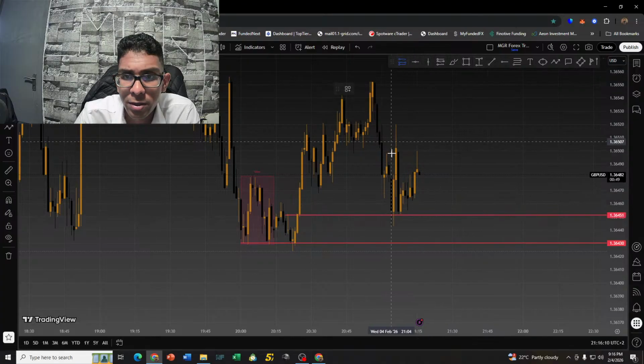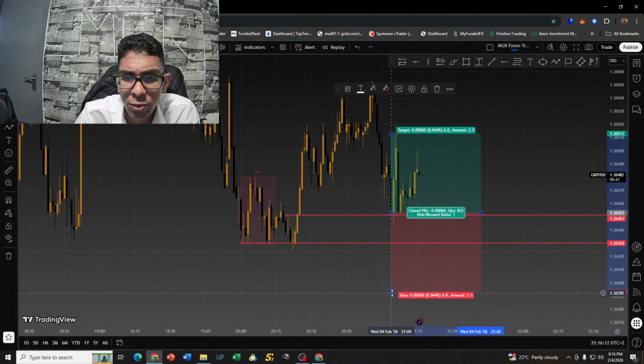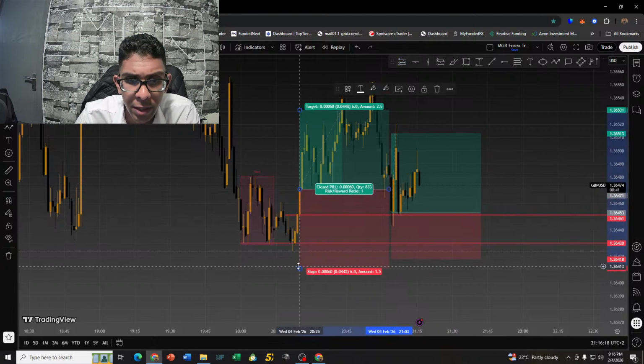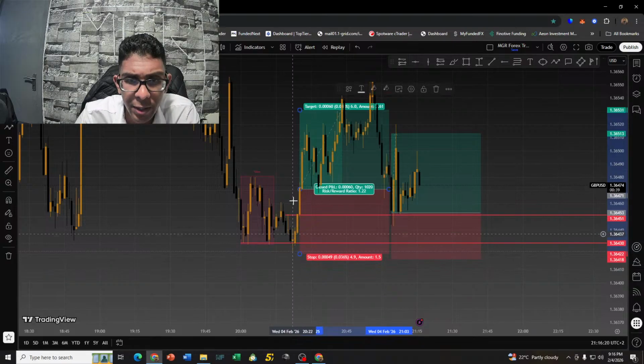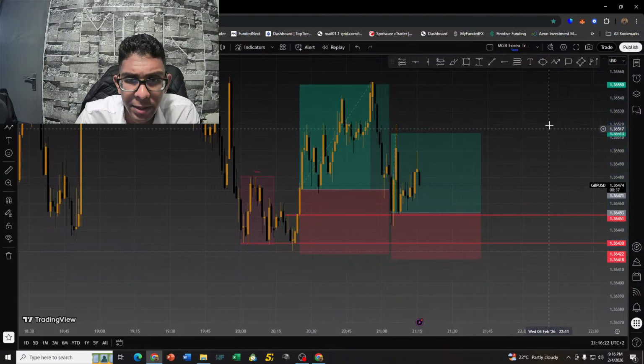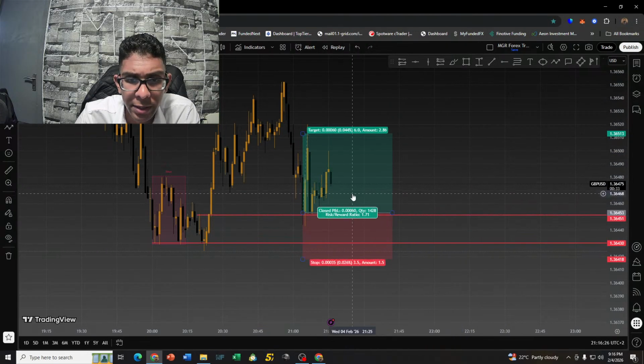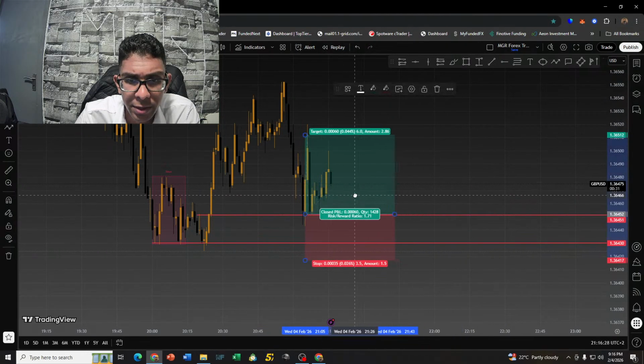Tap the pattern. Theoretically, this is what your position would look like. However, this is the initial entry, the immediate entry. It was your immediate entry, but yeah, this would have been the correct entry in that regard.